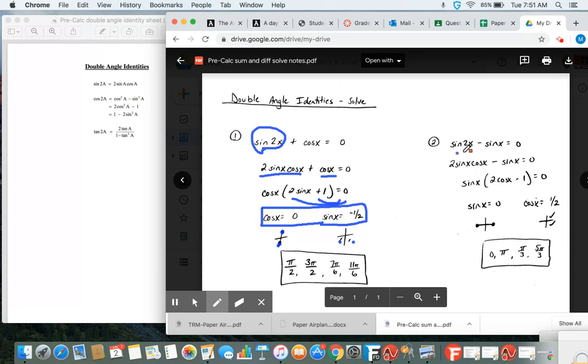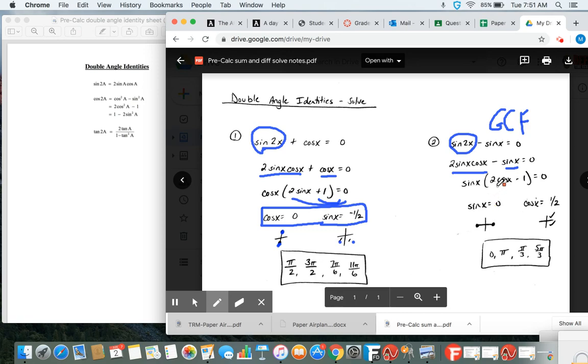Okay, so same thing in number 2 here. Again, look in the problem for the double angle. Refer to the identity sheet, right? Substitute that out. And then at this point, once you have these two terms, take a look and try to factor, right? And in this case, we're again asking ourselves, what is the GCF? Here we're factoring out a sine.